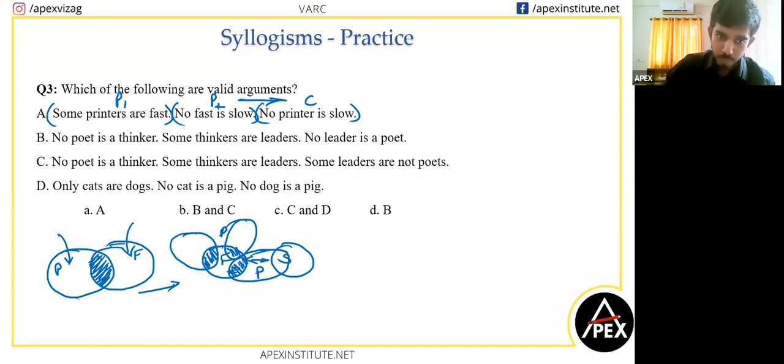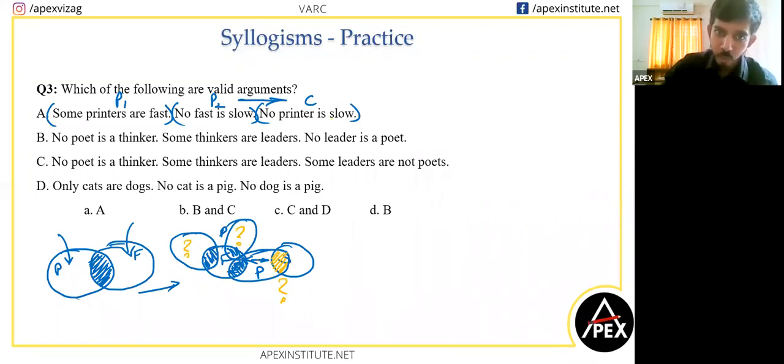These are those printers in blue. But in this situation, there are also some printers which are slow, which are this overlapping area. So whether it is this we are considering or this or this, we don't know, because the relationship between printer and slow is not given.